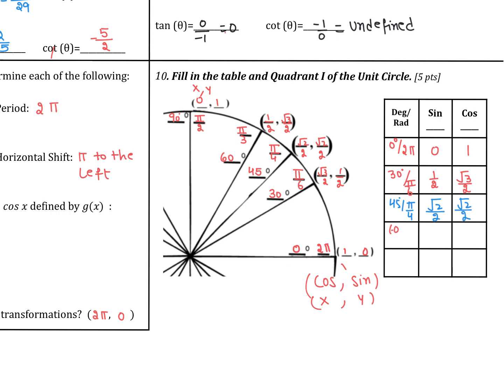At 60 or pi over 3, sine is square root 3 over 2, cosine is 1 over 2. And the last one is 90 degrees or pi over 2, where sine is 0. No, this one I made a mistake. It should be sine is 1 and cosine 0.